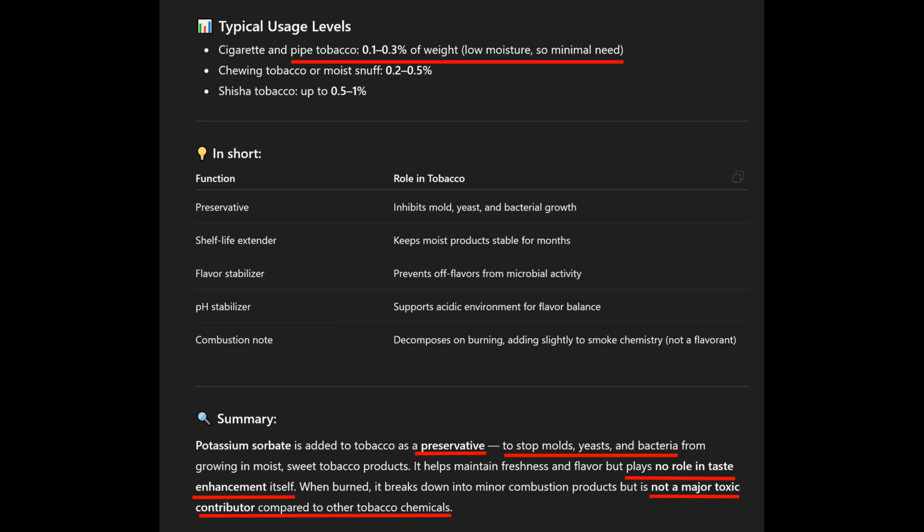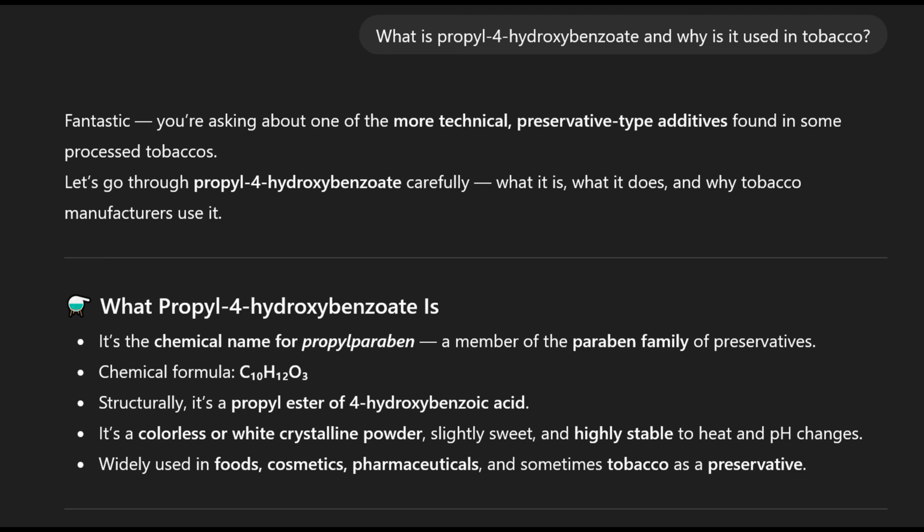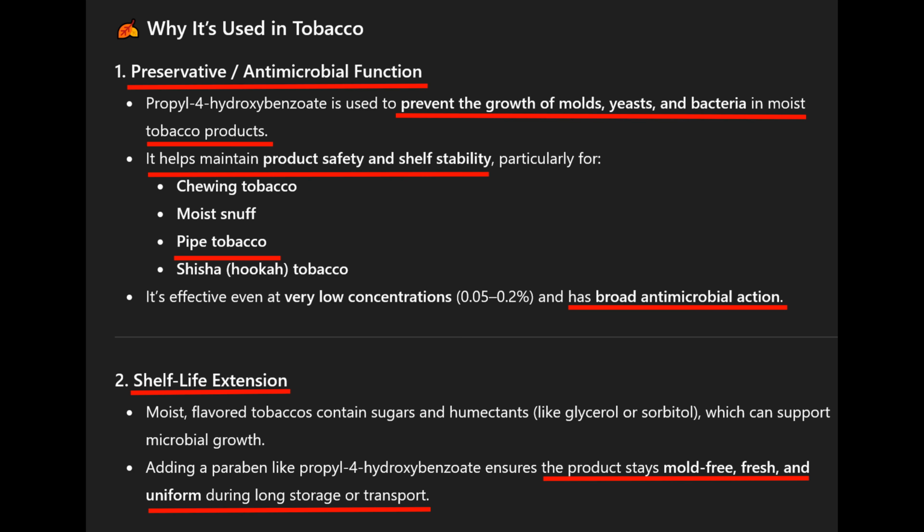Now let's get to the next one, which is propyl 4-hydroxybenzoate, and why it is used in tobacco. We have here the formula and what it is, so you can pause and read, and now we go further. Why is it used in tobacco? It is used for its preservative and antimicrobial function, to prevent the growth of molds, yeasts, and bacteria in moist tobacco products.